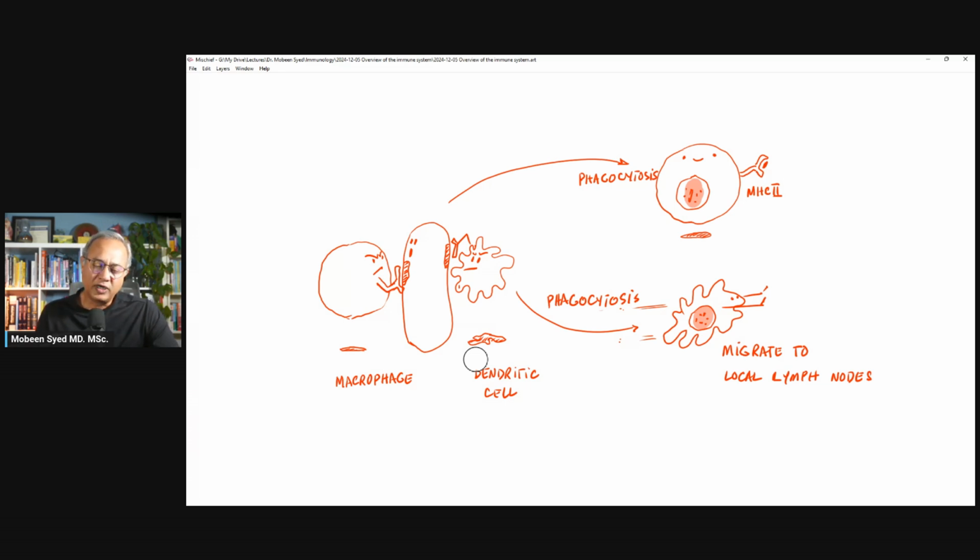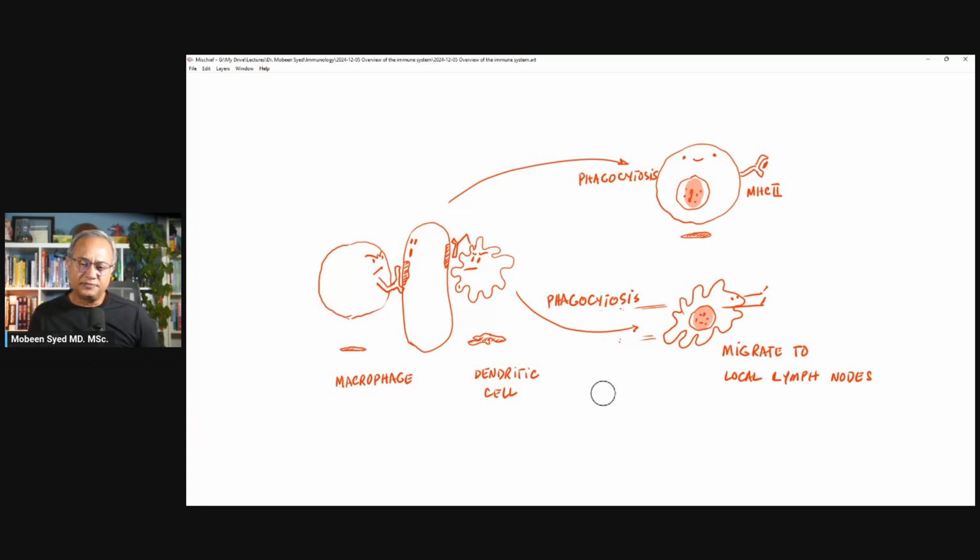We call it acquired arm because the acquired arm has to acquire the knowledge of the pathogen and has to become activated by the innate arm. An acquired arm will not become activated for the first exposure of something. So imagine a baby is born, and that baby is exposed to a pathogen, let's say streptococcus, for the first time ever in their life.